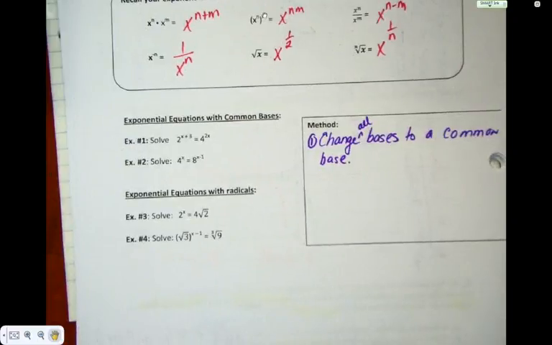Usually that's the smallest number, but it doesn't always have to be. But typically you can't change a small number into a big number, so typically bases are getting smaller. So 4 went to a base of 2.